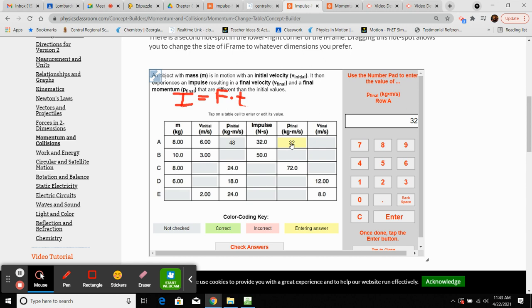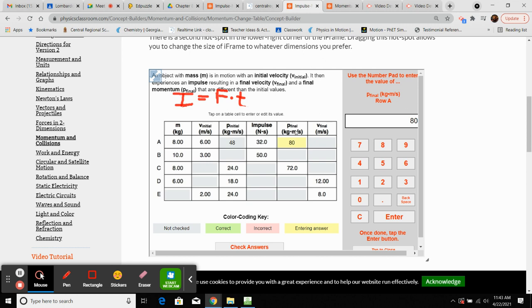Oops, I made a mistake. Let me clear that. I thought this was delta p for a second. So if we're initially 48 and the impulse is 32, that means our delta p, or change in momentum, is 32. So 32 plus 48 would mean 80.